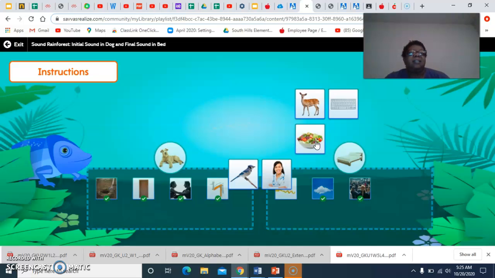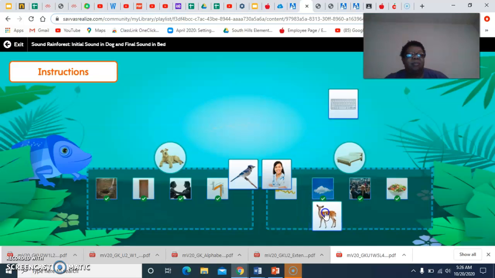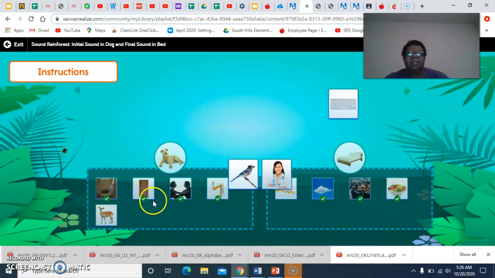Salad. So is that like dog or more like bed? Okay, salad. It's going to go on this side. Deer, deer. So if I was to put it here with bed, oh, that makes it go away. So d, d. Listen very carefully for the first sound.